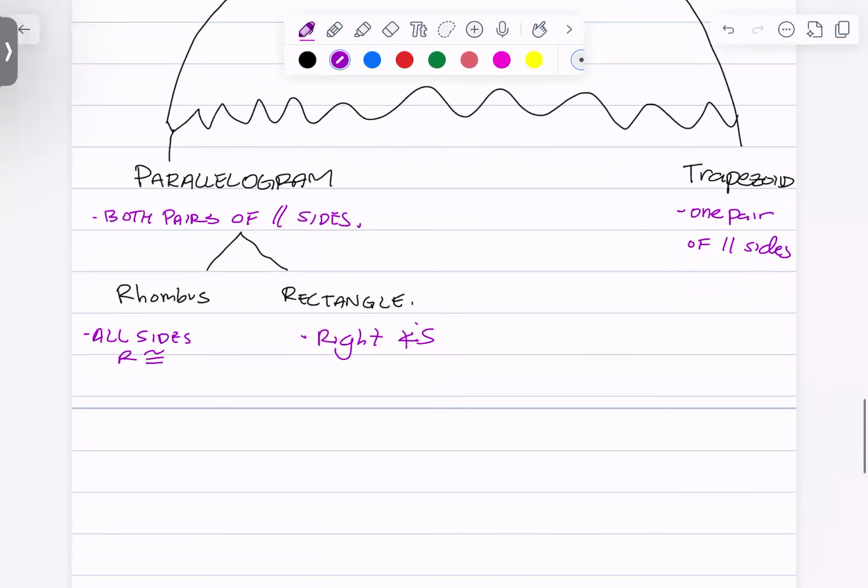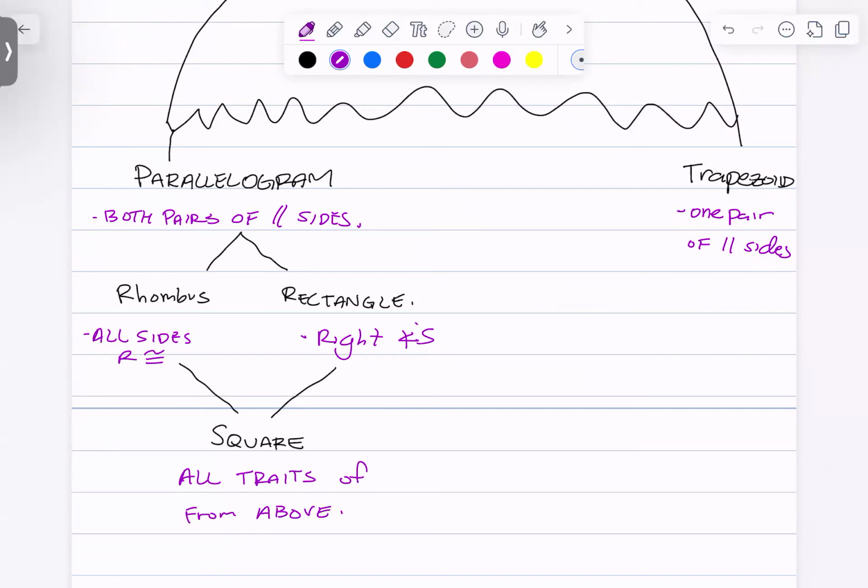And then a rectangle and a rhombus had a baby, and they named him Square, because a square has all the traits of a rectangle, or all the traits from above.